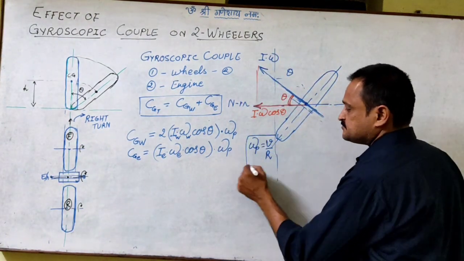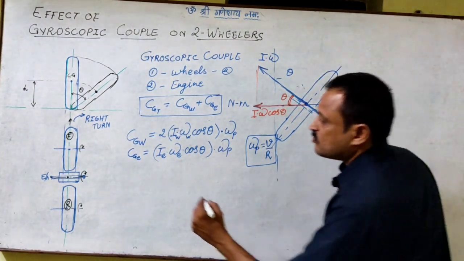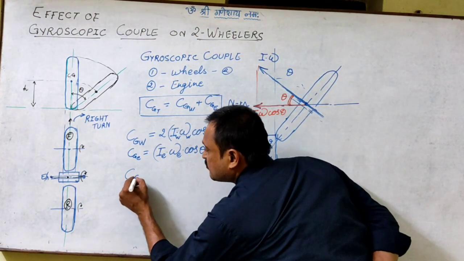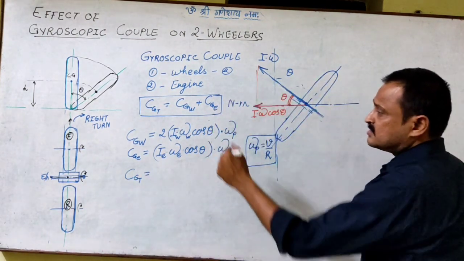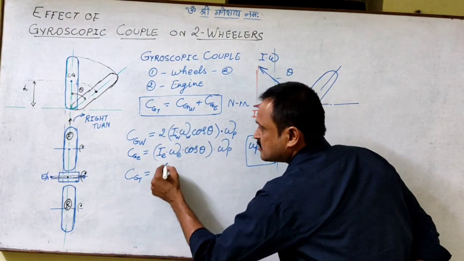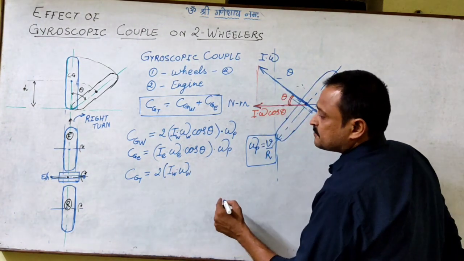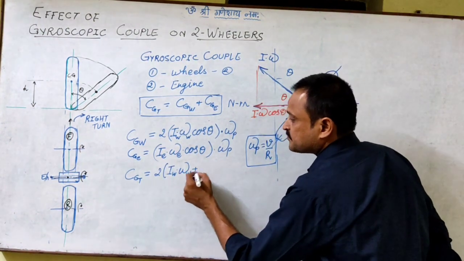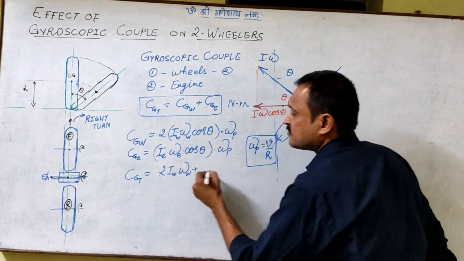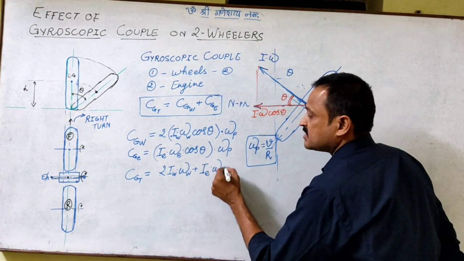So what will be the total gyroscopic couple? I consider these to be the same, so in that case it becomes twice I of the wheel, omega of the wheel, plus twice I of the engine, omega of the engine.